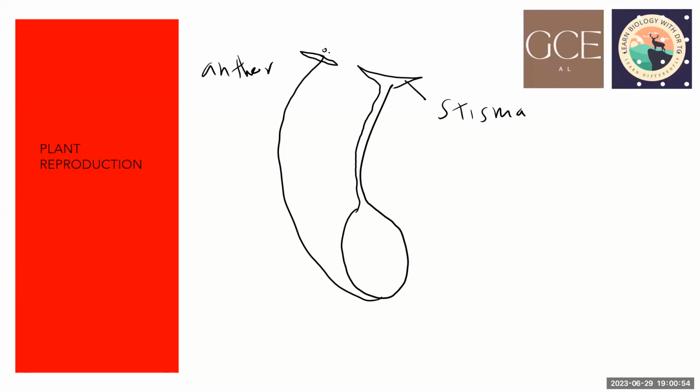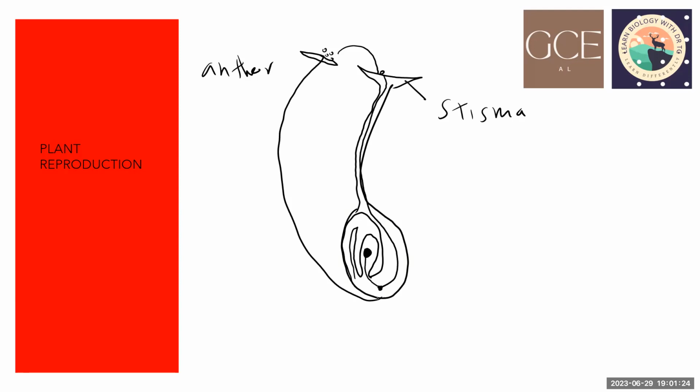And the anther produces pollen grains. The pollen grain is deposited on the stigma. After that, they develop a tube into this ovary, and inside the ovary, we can find the ovum. And the cells coming from the male generative gamete and the female generative gamete fuse.